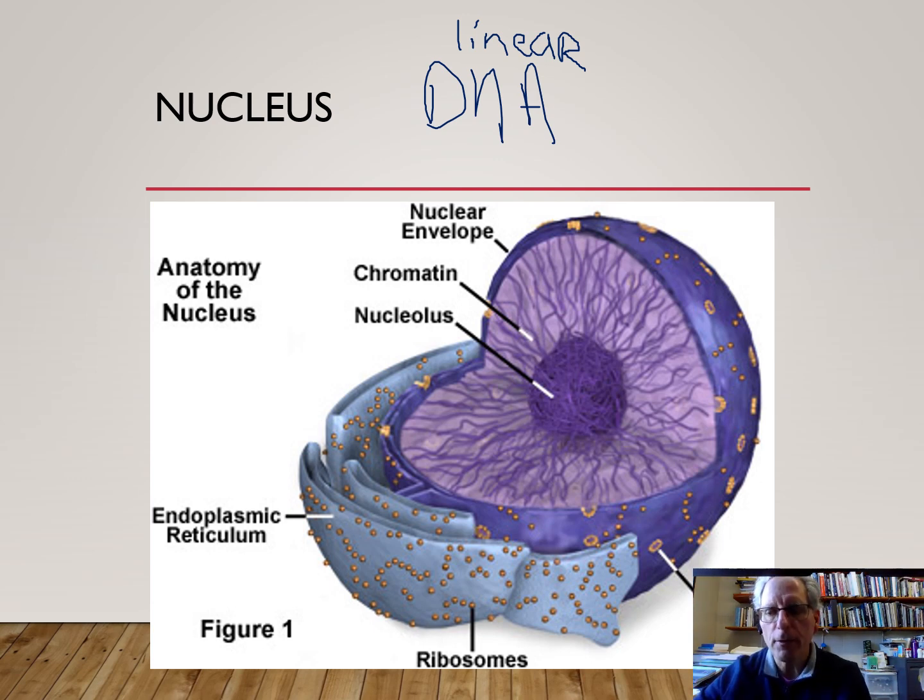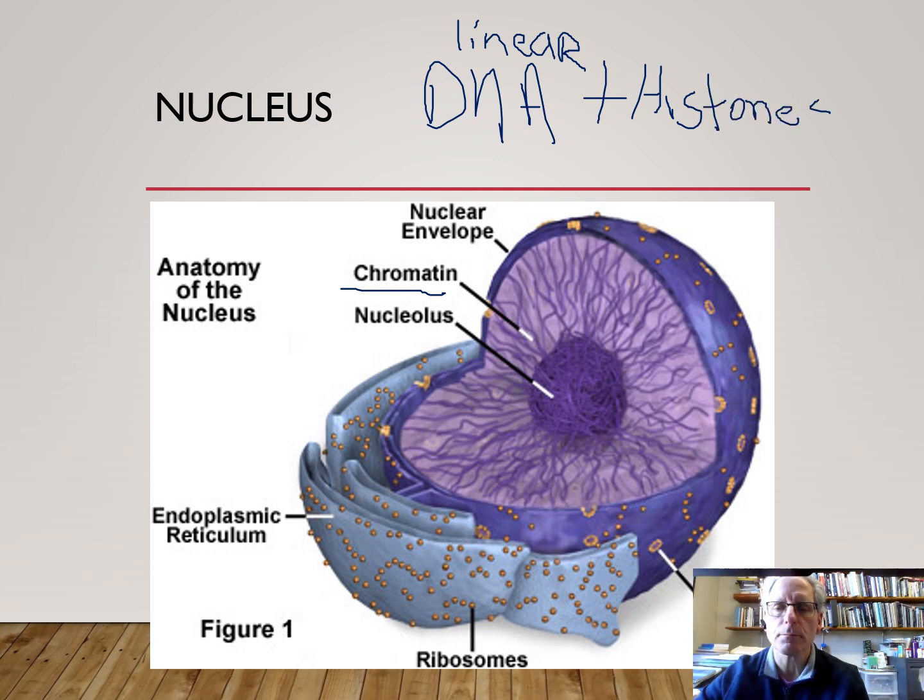They are assembled into a complex 3D structure called chromatin, with the help of proteins called histones. That compacts the DNA into a very tight structure that can fit inside the nucleus.